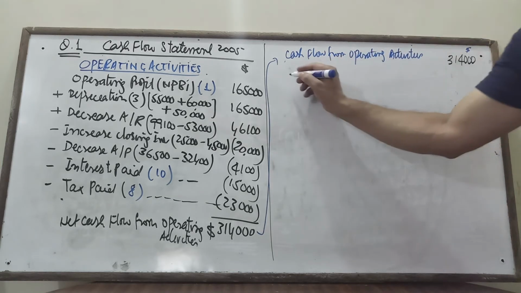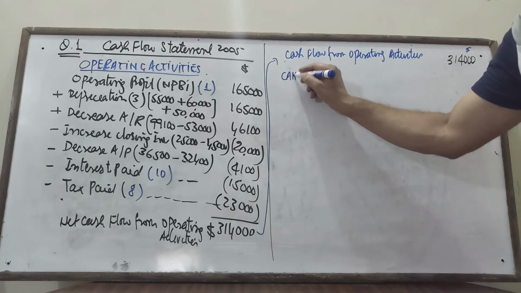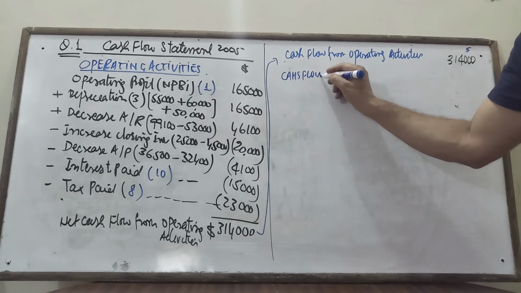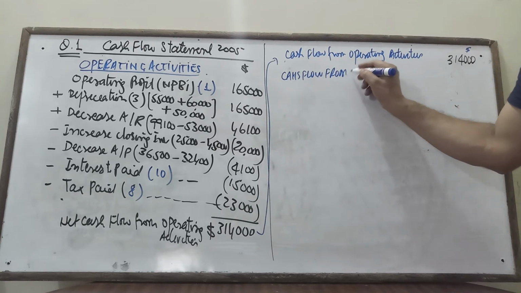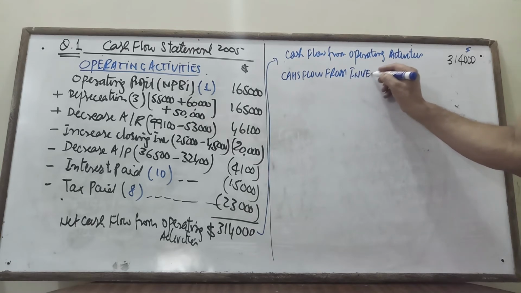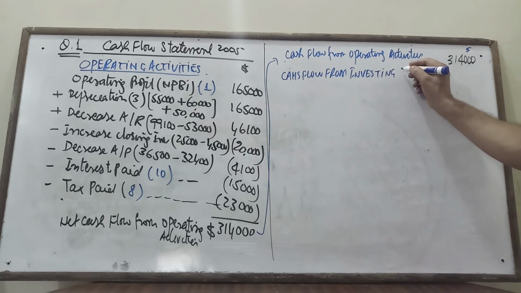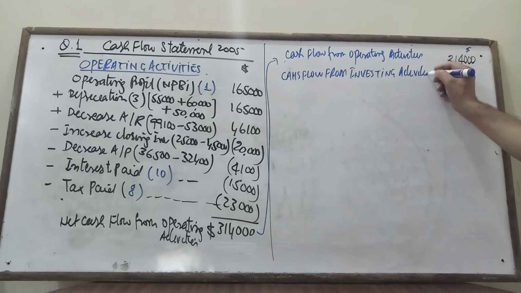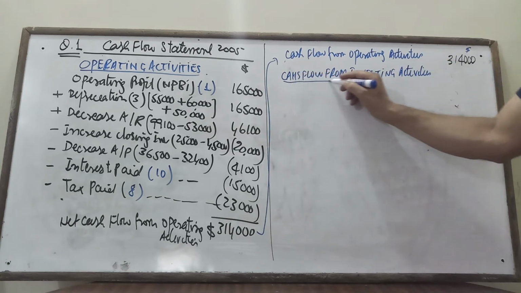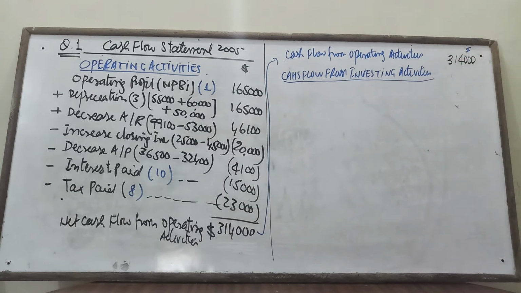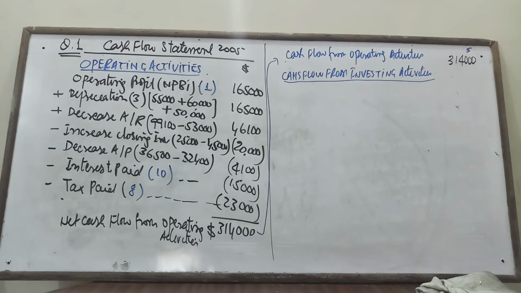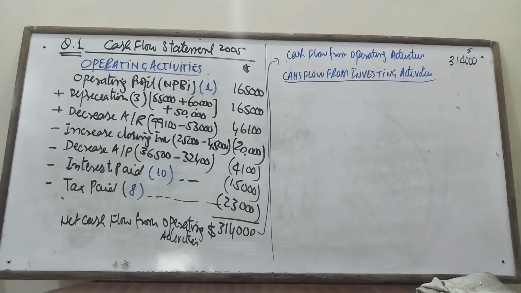Now cash flow from investing activities. In cash flow from investing activity, we always take the purchase and sales of non-current assets. Class, listen to my video carefully. I'm going to read point number 4.